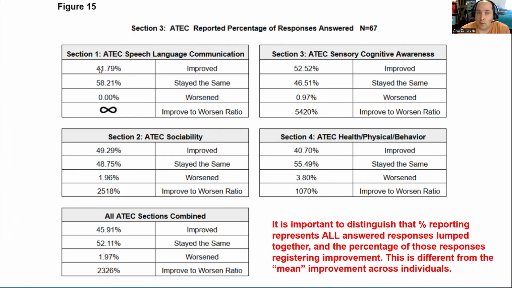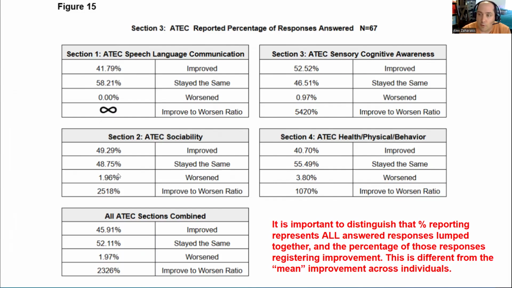So in the speech section, if we pooled all of the responses together, 41 to 42% of the responses are indicating some level of improvement in the speech domain. 58% stayed the same, none have worsened. 52% improvement in the sensory and cognitive awareness, right?